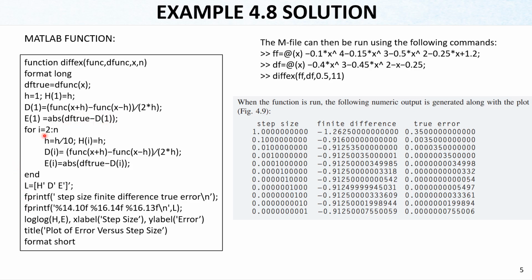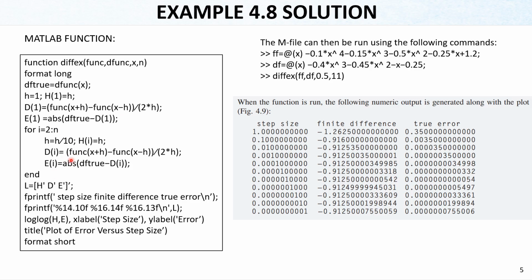And we will do this from i equals 2 to n. N is determined as an initial value, actually. So we can just divide h by 10 for n times, let's say. We can just define this by ourselves.